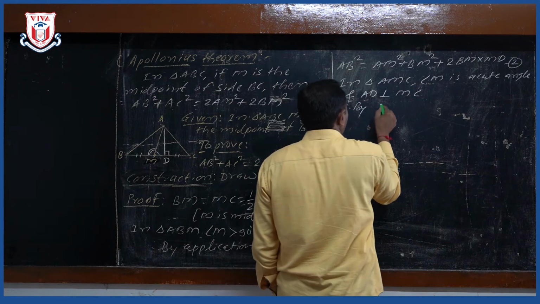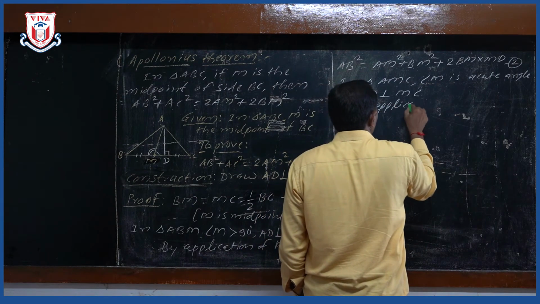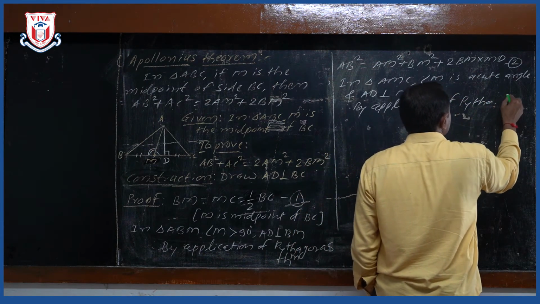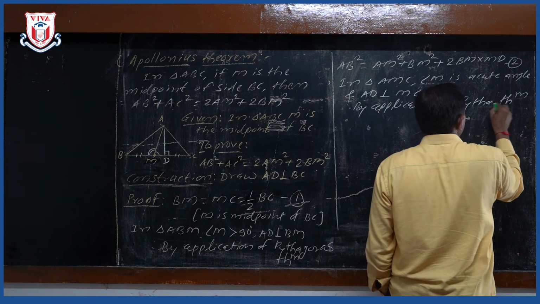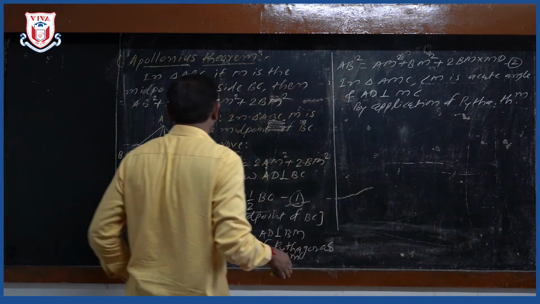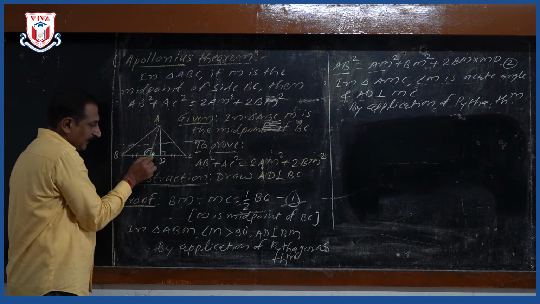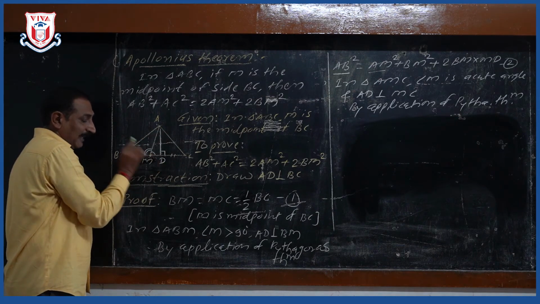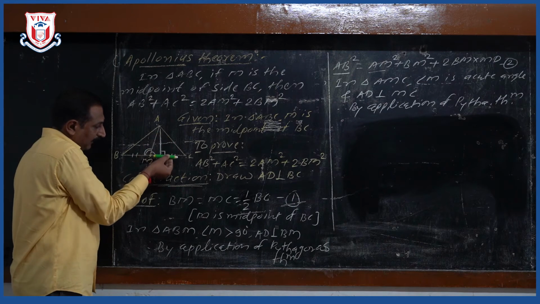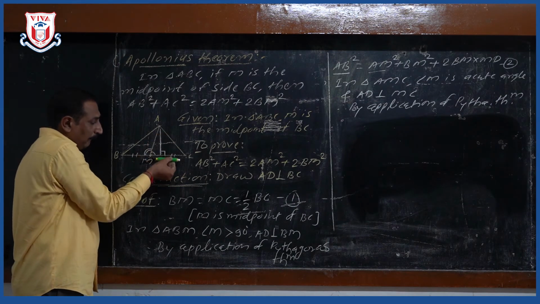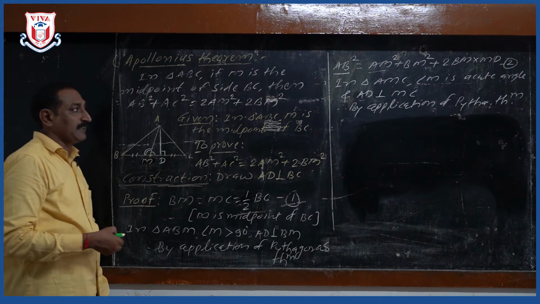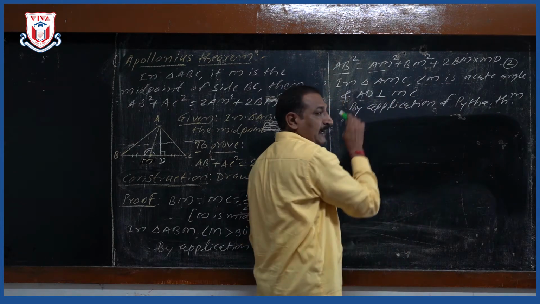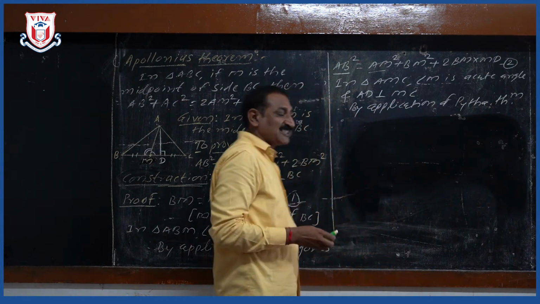Therefore, by application of Pythagoras theorem, in triangle AMC, angle AMC is an acute angle, meaning its measure is less than 90 degrees, and AD is perpendicular to MC.